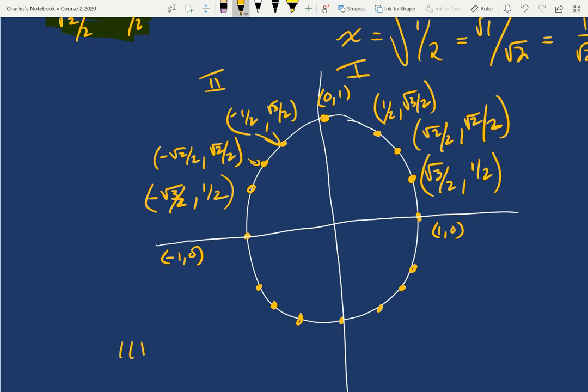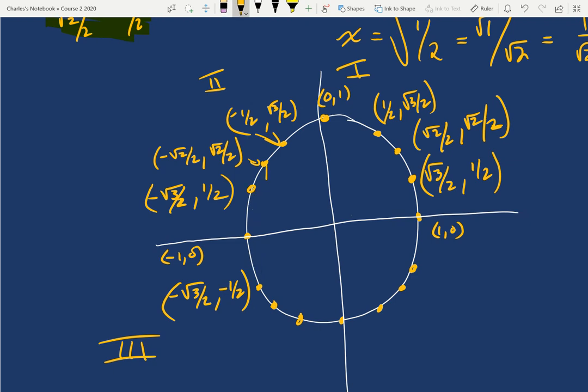Now we're in quadrant 3, where both x and y are negative. So what's that going to be? There's some symmetry here also. These points have the same x value and opposite y values. So this is negative root 3 over 2, comma negative 1/2.